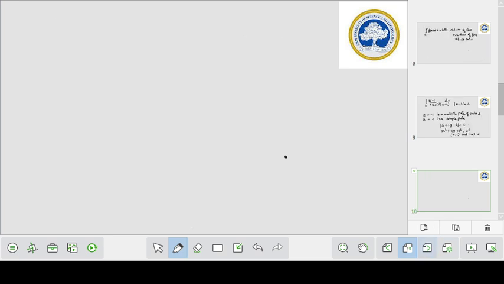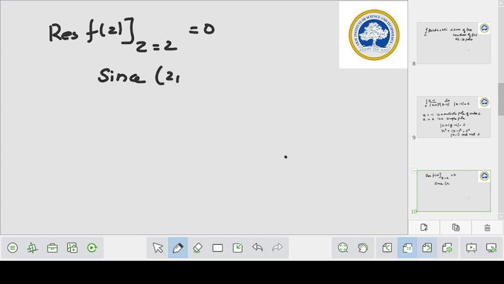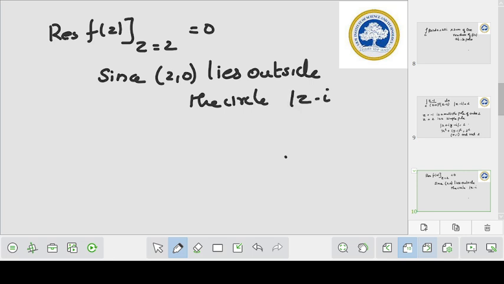And now, since the point (2, 0) lies outside the circle modulus of z minus i equal to 2, the residue of f of z at z equal to 2 is 0. Since (2, 0) lies outside; if it lies inside, then we can find the residues.